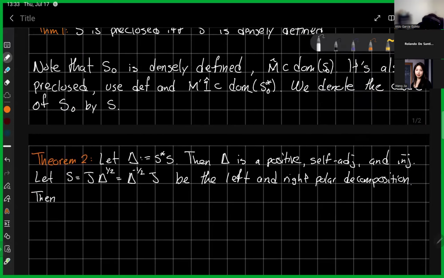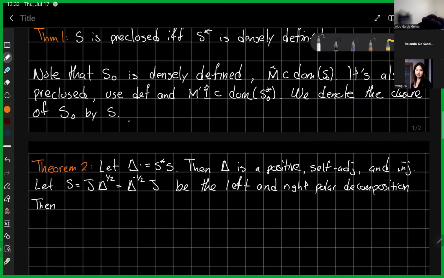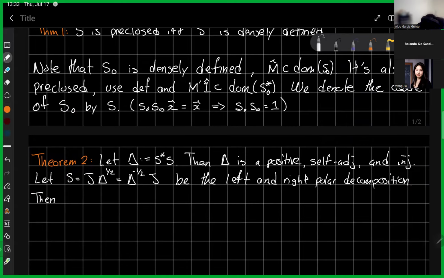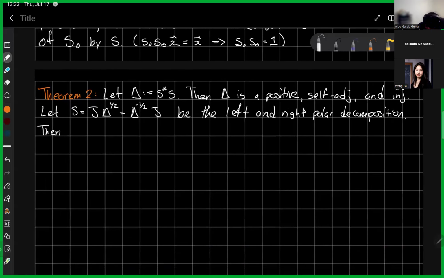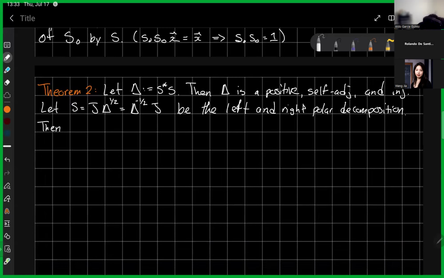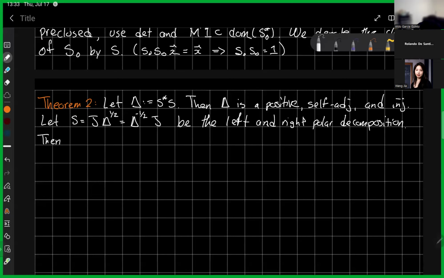Notice that the map S0 satisfies the equation S0 S0 x hat equals x hat, which implies that S0 S0 is equal to 1. This is going to be needed because one of the things that we end up getting is that J here is equal to 1.